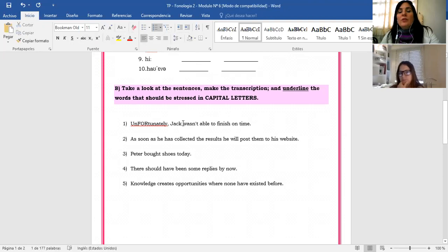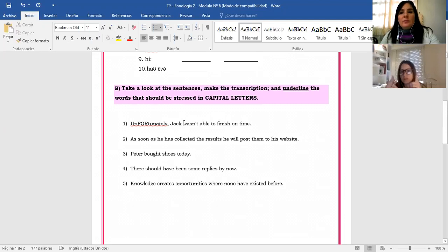And whenever we have a negative auxiliary, we should stress it because the negative forms are always stressed, because he cannot do it, he couldn't do it. So the important thing is that he cannot do it or he wasn't able to finish on time, okay?